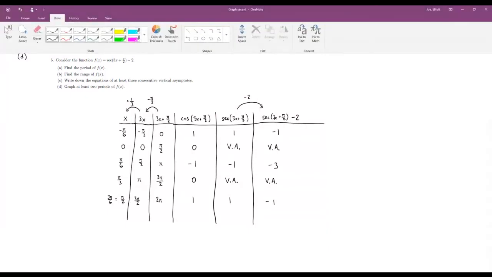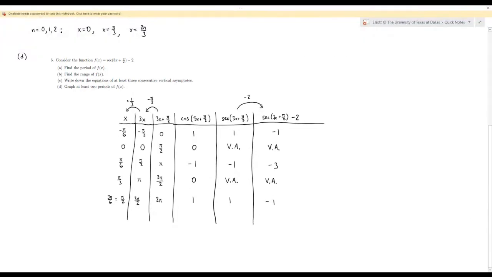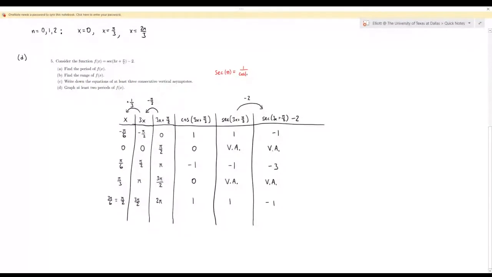Can you explain why we used cosine? Sure. So that's just because it's easier for me personally to think of cosine. And then once I figure out what cosine is, I know that secant is 1 over cosine. But you don't have to do it that way, though.